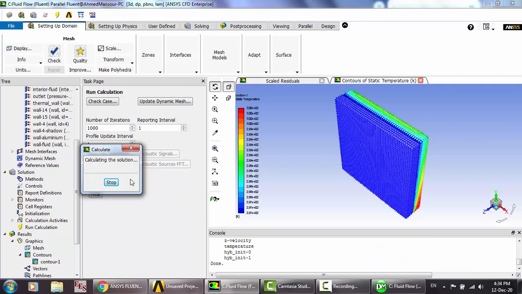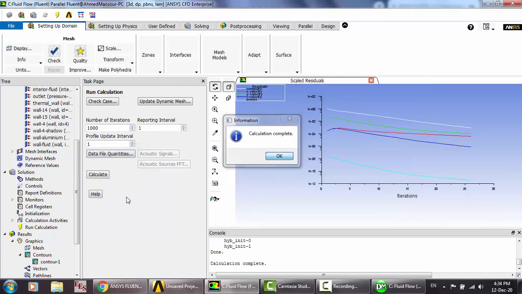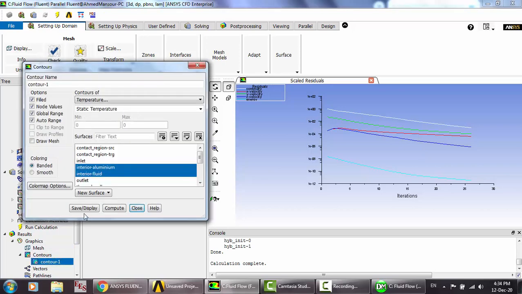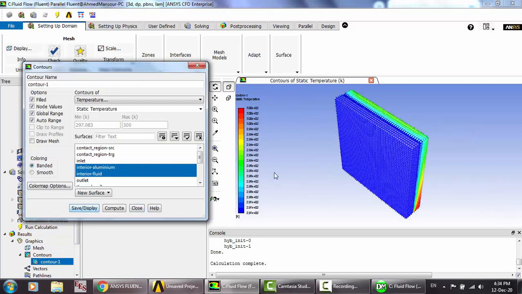Now increasing it, we have 297. Why? Because we decreased h. So decreasing h here increases the temperature. It is the reverse process.